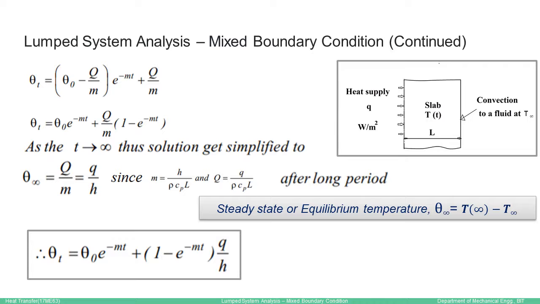In this equation, θ is T(t) minus T∞, where T(t) is the temperature of the solid at any given time t, and θ₀ is equal to T₀ minus T∞, where T∞ is the fluid temperature and T₀ is the initial temperature of the solid.